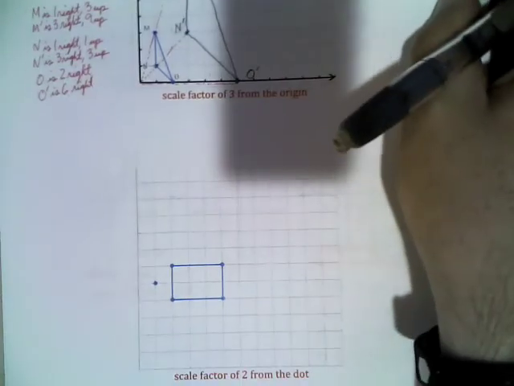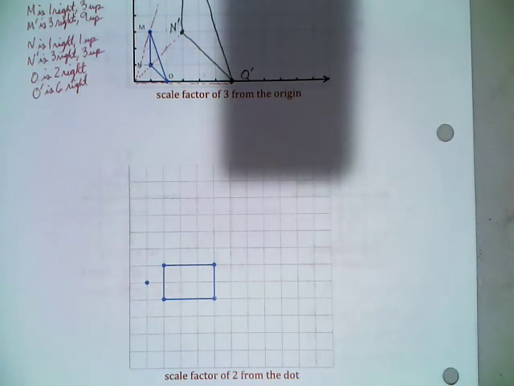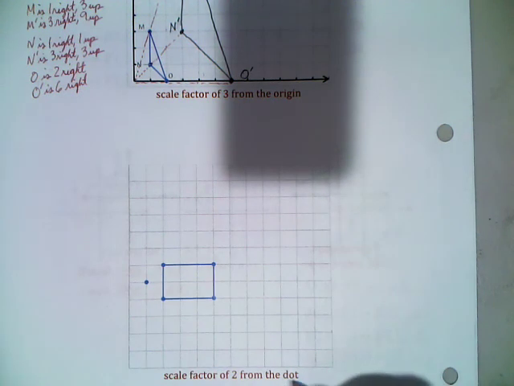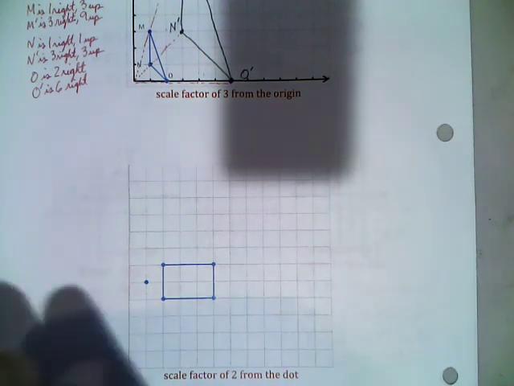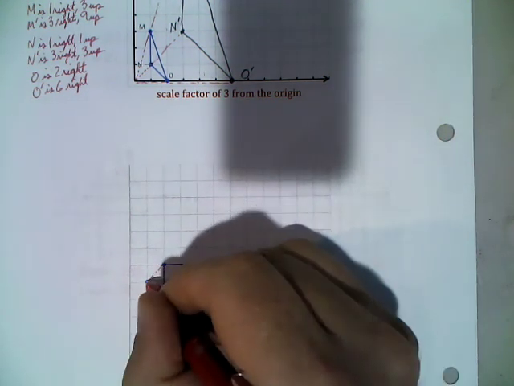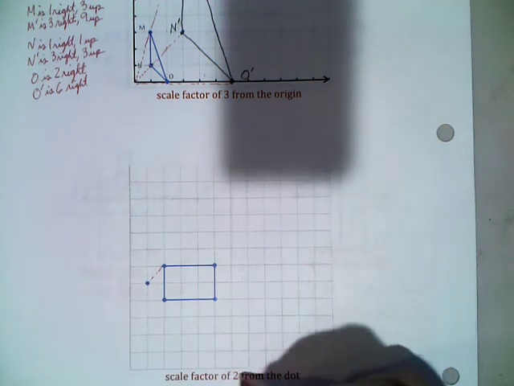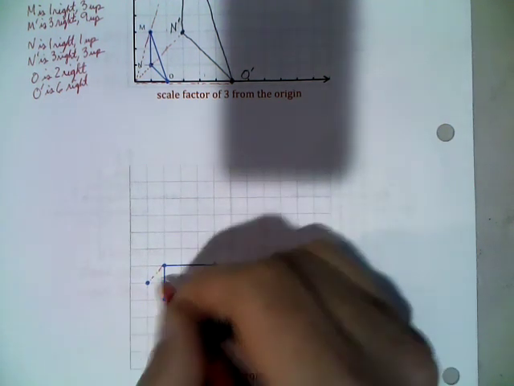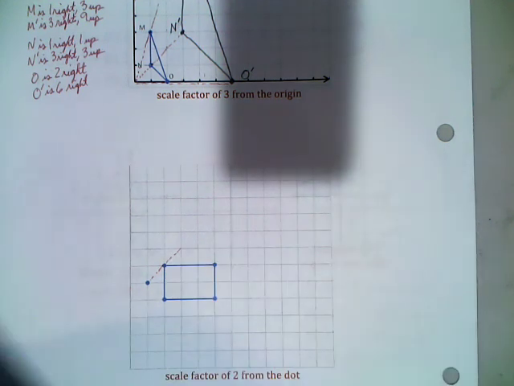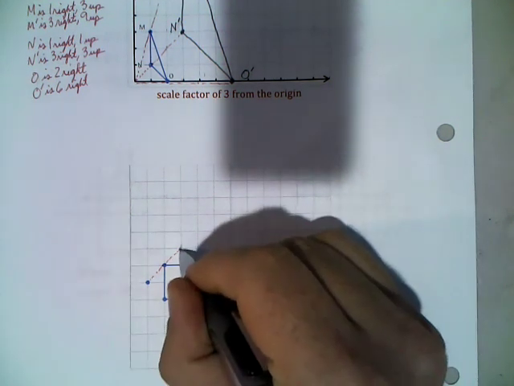So down here, this time we don't have a coordinate plane, we just have a grid. So my center of dilation will be the dot, and I want a scale factor of 2. So for this point, we have to go 1 right and 1 up. So we want to do that twice. So 1 right, 1 up, 1 right, 1 up. There's that point's new location.